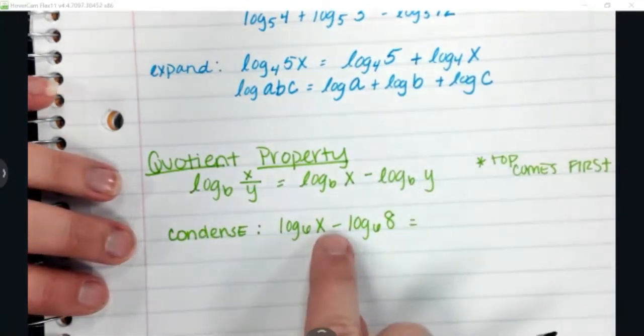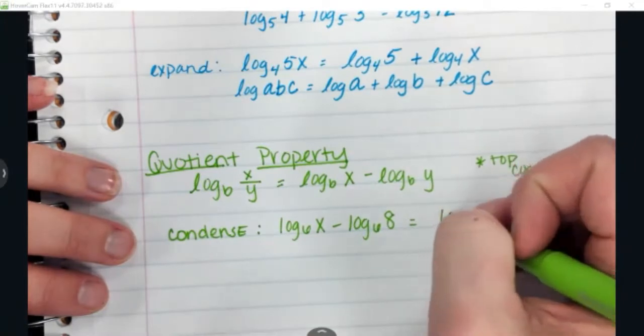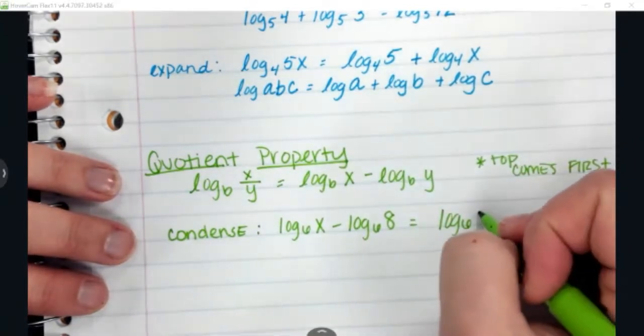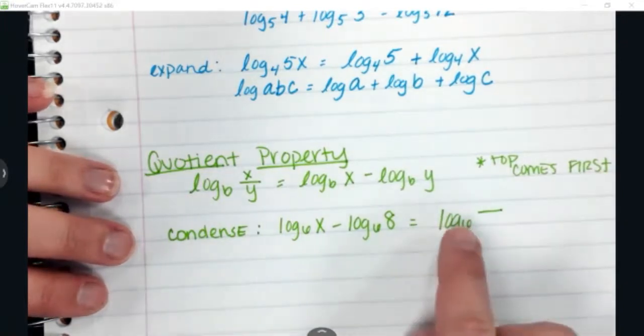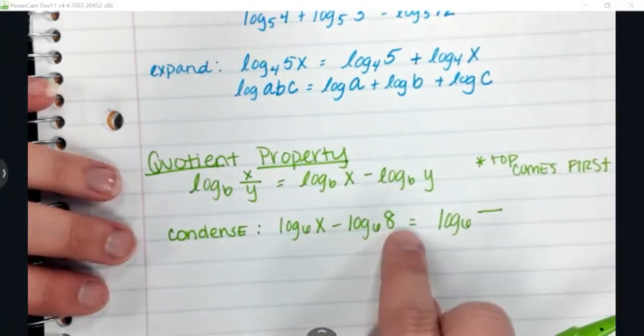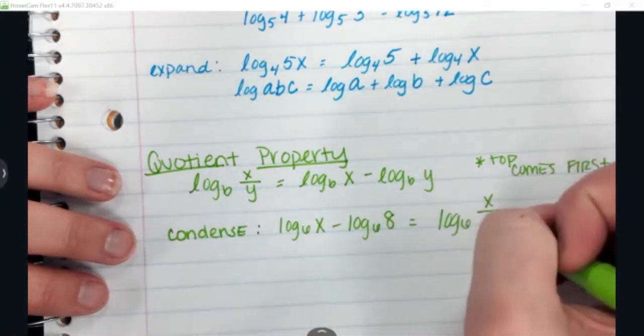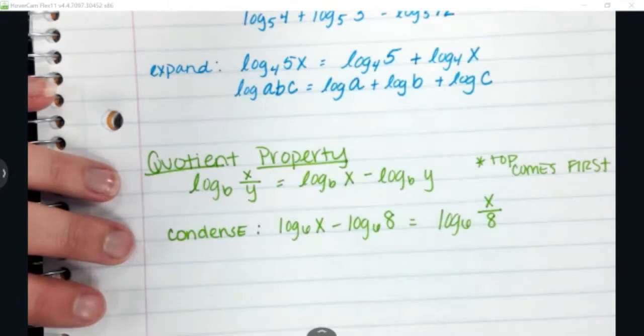I see a subtraction sign. That tells me that I'm actually dividing. I only want one log with a base of 6. I'm dividing. Which one goes on top, the x or the 8? The x, because it's first. So it'd be x divided by 8.